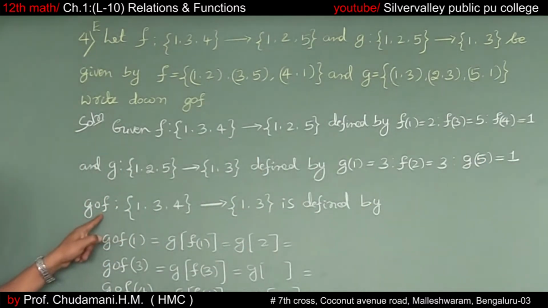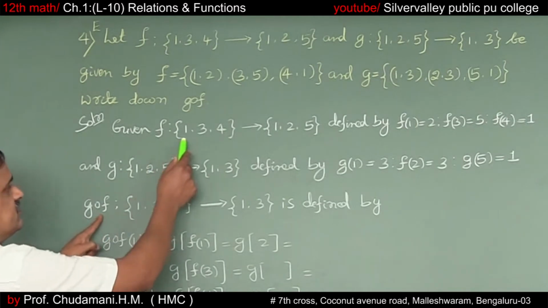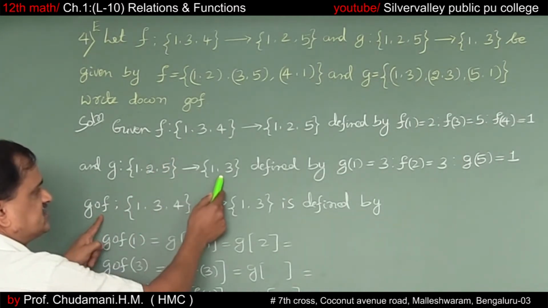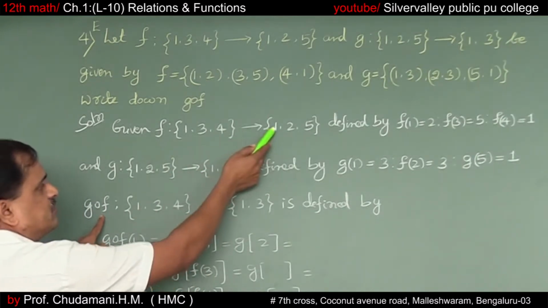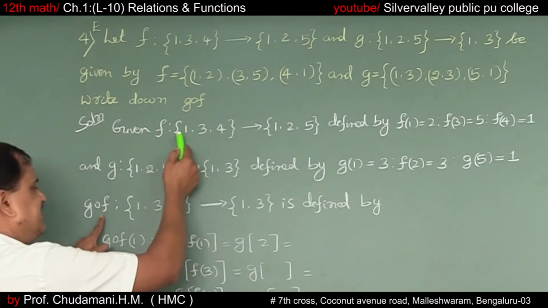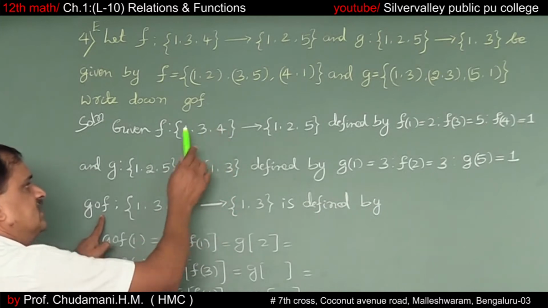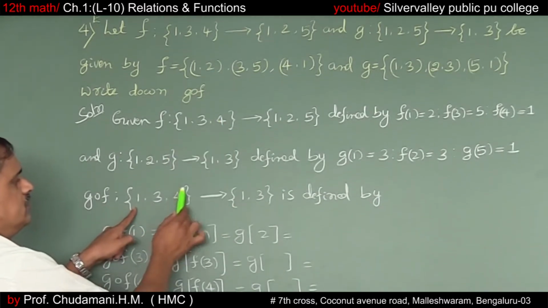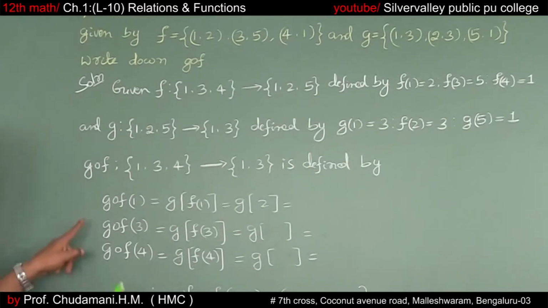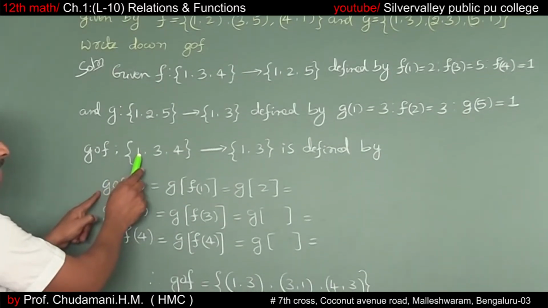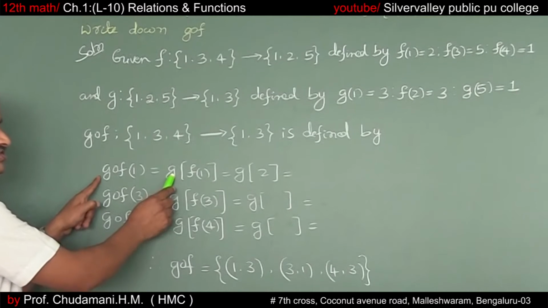So then gof is from set A to set C. Suppose f is from A to B and g from B to C, then gof is from A to C, here from {1, 3, 4} to the set {1, 3}.